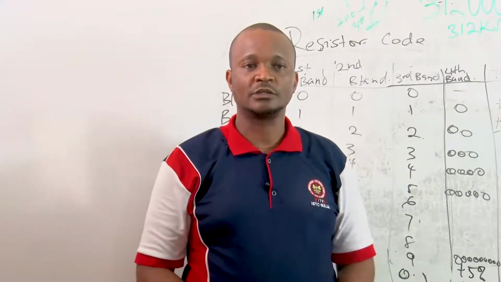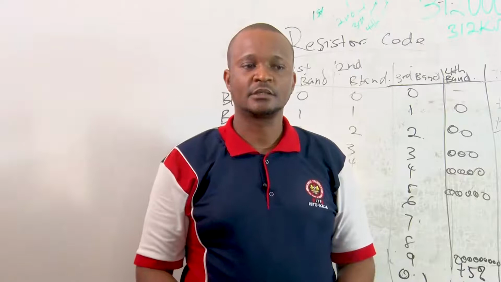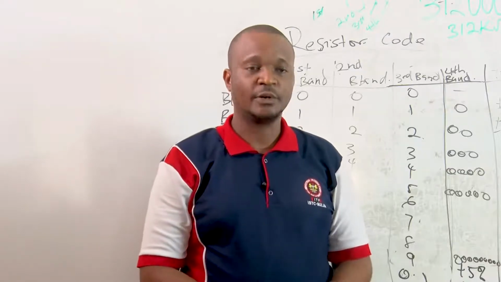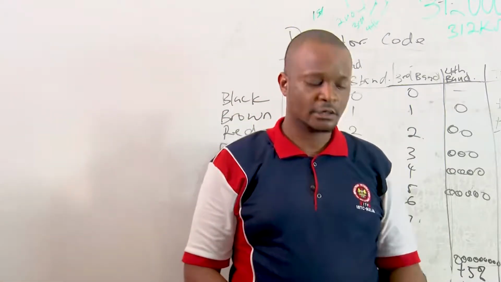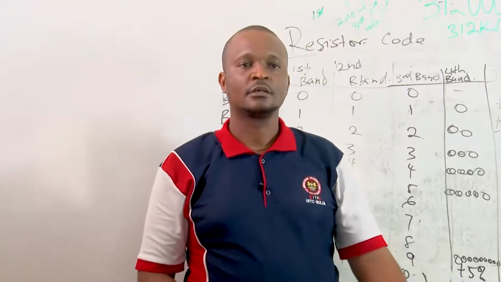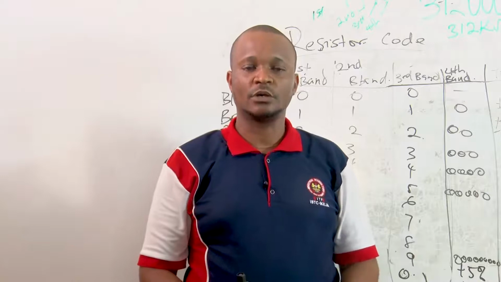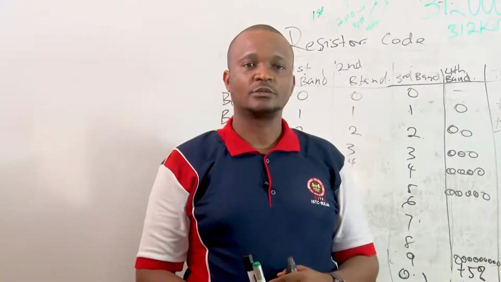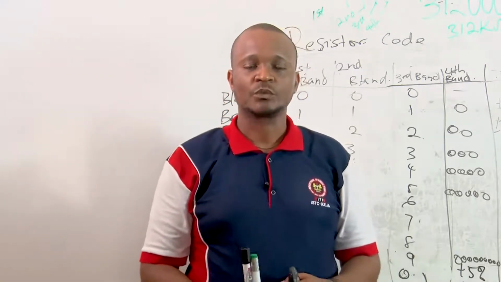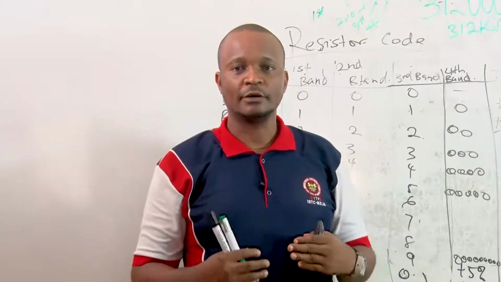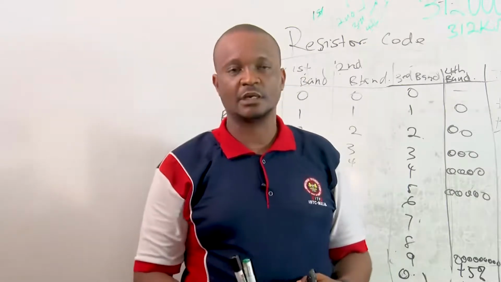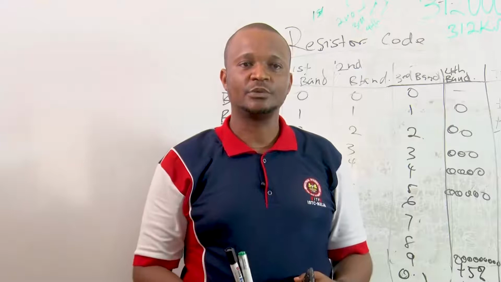So like I always suggest, you practice what you have on your 5-band resistor by looking at what? At the table that is in your material. It will help you to do what? To familiarize yourself with these color codes and help you in your reading.